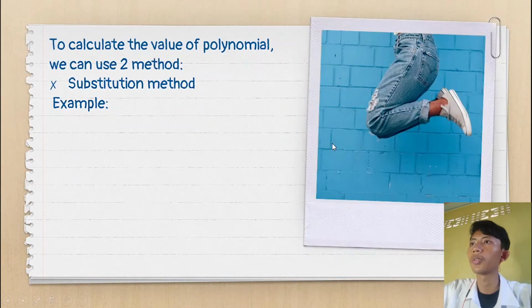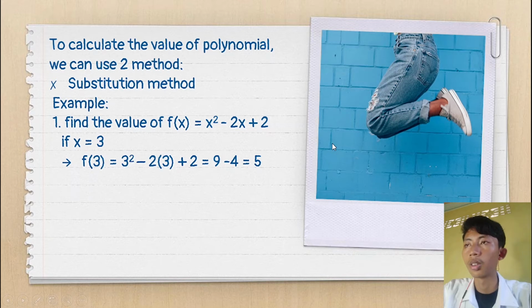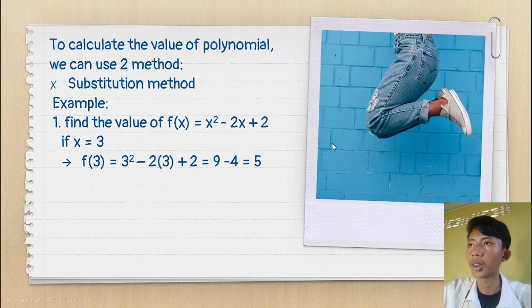To calculate the value of a polynomial, we can use two methods. First, the substitution method. Example 1. Find the value of f(x) equals x squared minus 2x plus 2 if x equals 3.